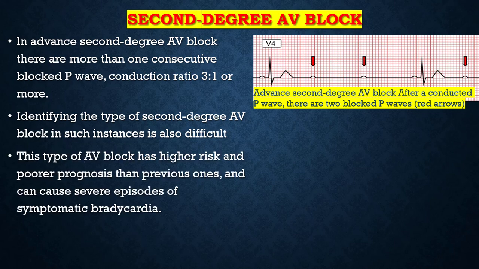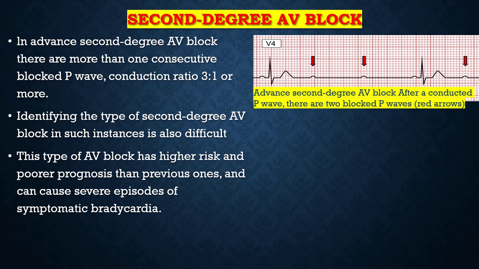Identifying the type of second degree AV block in such an instance is also difficult. This type of AV block has higher risk and poorer prognosis than the previous one and can cause severe episodes of symptomatic bradycardia.